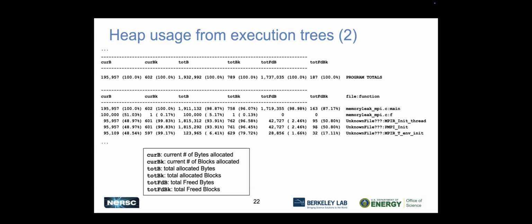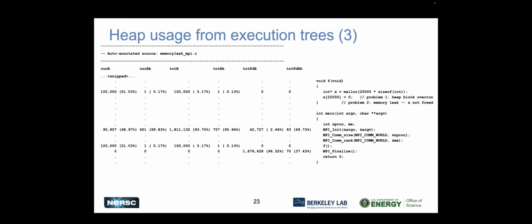You can also show, function-wise, where and how much memory is being used, like this. And then you can annotate the source code like this. It says that this line allocates this much memory here, and MPI_Init allocates this much memory, and MPI_Finalize frees a certain amount like that.